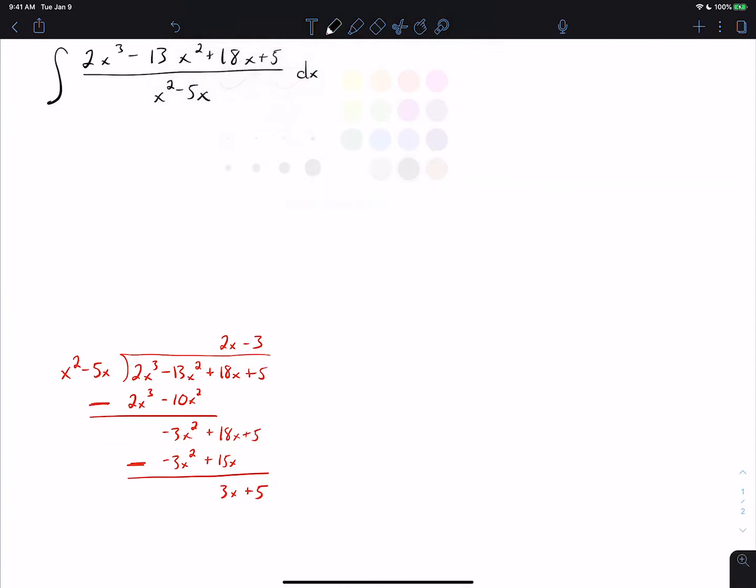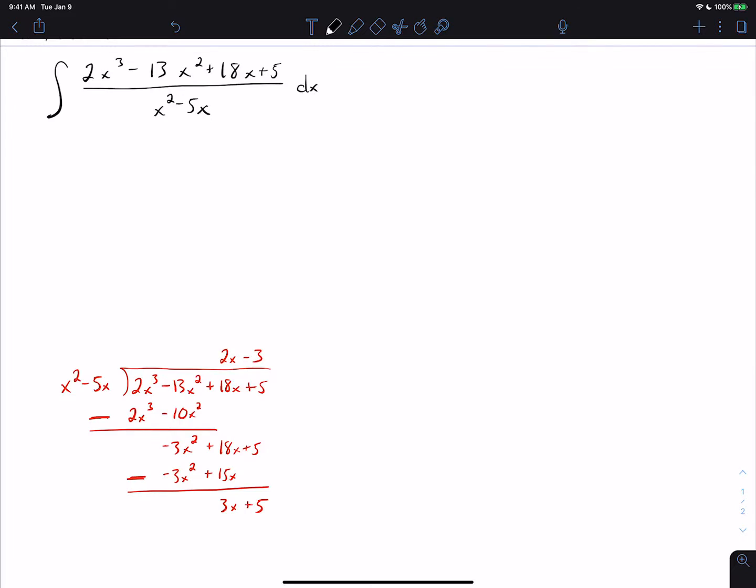What that means is that the original problem can now be rewritten as the integral of 2x minus 3 plus the remainder, 3x minus 5, over the denominator x squared minus 5x dx. So the long division gets us that first step.